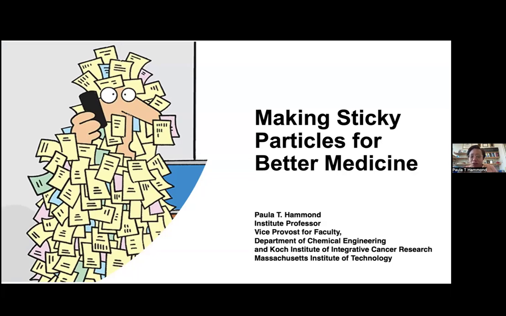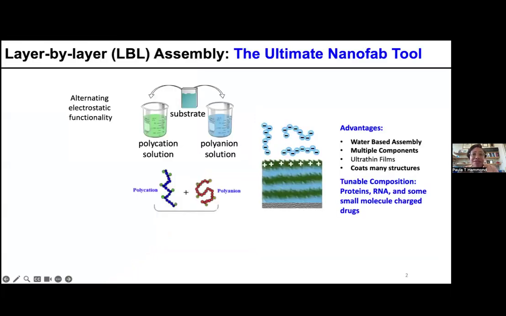So I'm going to talk about one particular set of materials which are nanoparticles, but I'll describe the big picture as well. The method that I use is a very simple one. You take a substrate, which can be any sort of solid surface. And if that solid surface is charged, let's say it is negatively charged, you can immerse it into a dilute aqueous solution that contains a polymer of opposite charge.